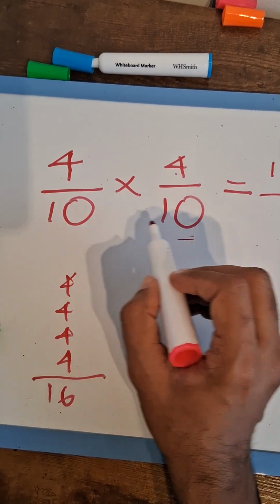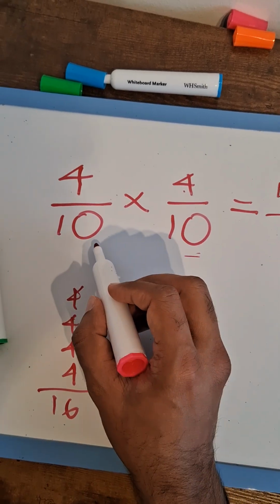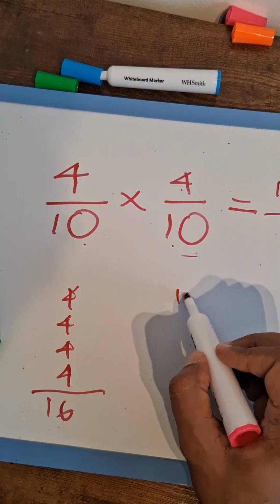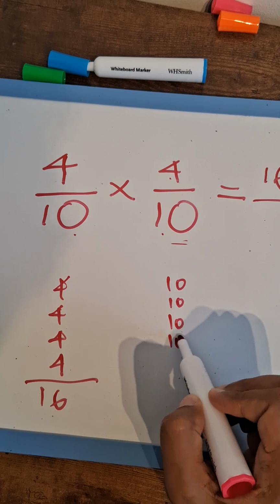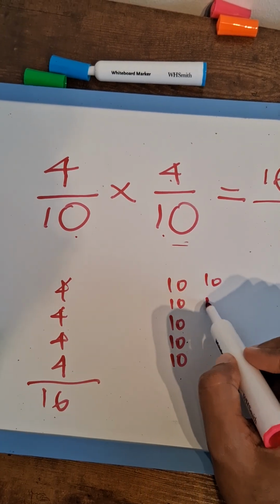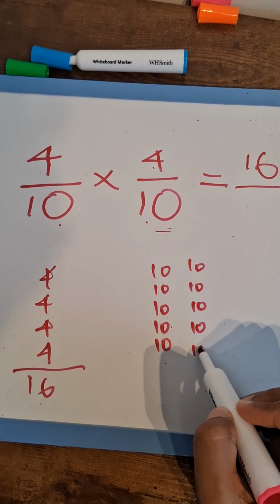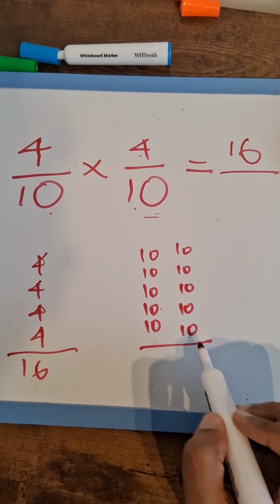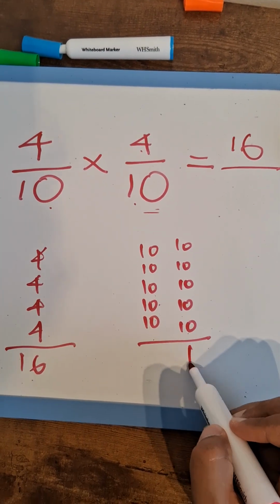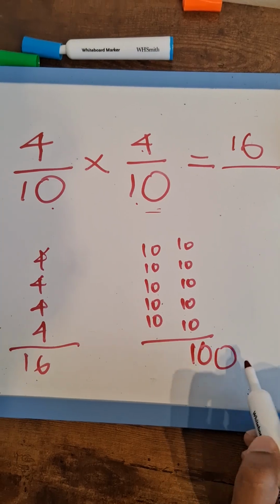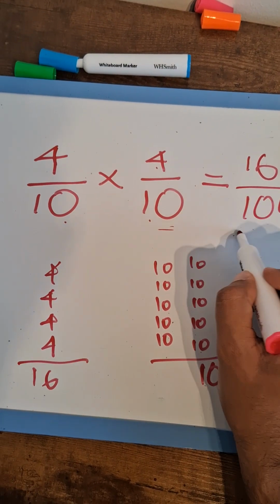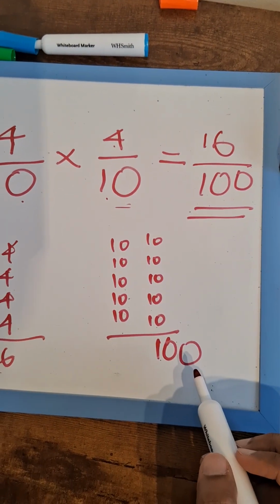And the bottom bit again multiply bottom to bottom. 10 times 10 is 100. So the answer is this.